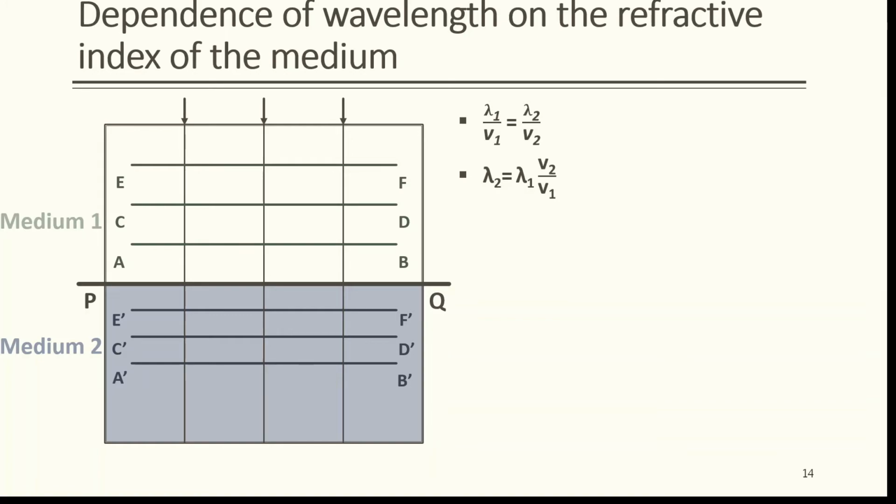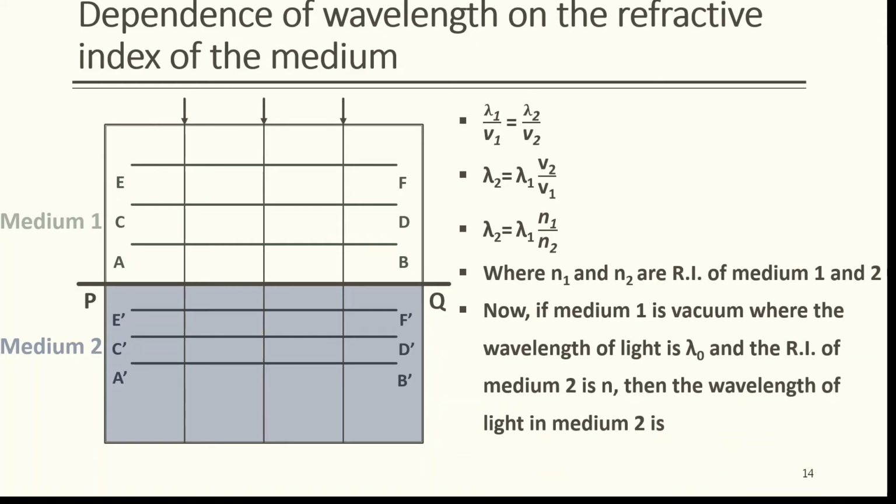As we know n equal to C upon V, we can write V1 equal to C upon N1, V2 equal to C upon N2. Substituting the values of V1 and V2 in this equation, we get λ2 equal to λ1 N1 upon N2, where N1 and N2 are refractive indices of medium 1 and 2 respectively.